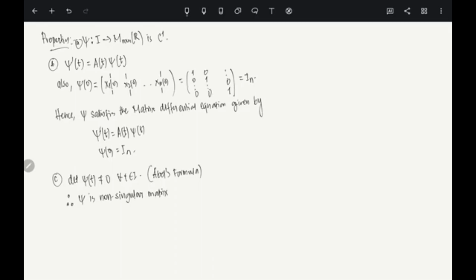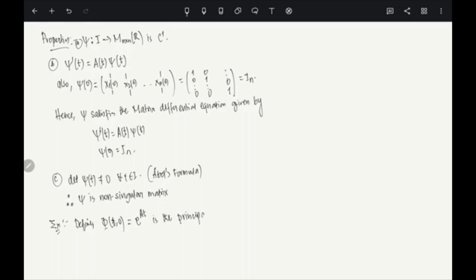Please do that. Now let's look at some examples. What are the fundamental matrices? You can easily check that if you define phi of t, which is given by e to the power At, this is a fundamental matrix, or let me call it the principal fundamental matrix.